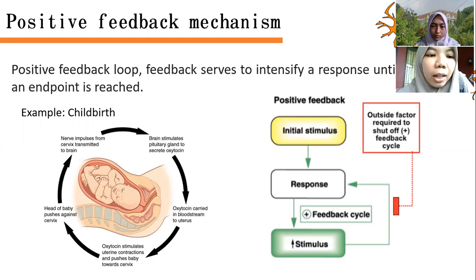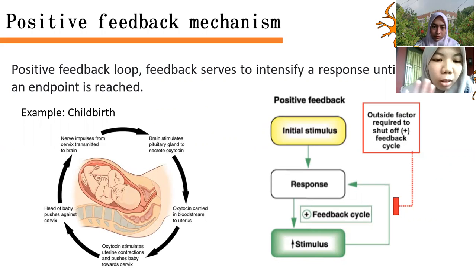And for the example of positive feedback mechanism is childbirth. We can see on the screen the process. The process begins first with a nerve impulse from the cervix transmitted to the brain, and the brain stimulates the pituitary gland to secrete oxytocin.